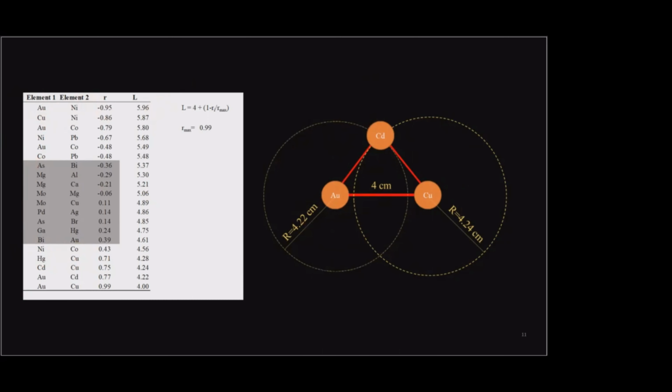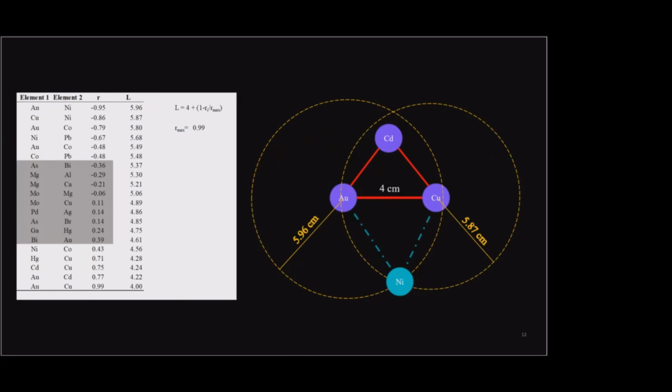Again, we take our circle and we trace a circle of 5.96 from the gold and 5.87 from the copper, and the place where those 2 arcs intersect will be the position of the nickel. In this case, there will be a blue discontinuous line, indicating that these are significant but negative correlations.